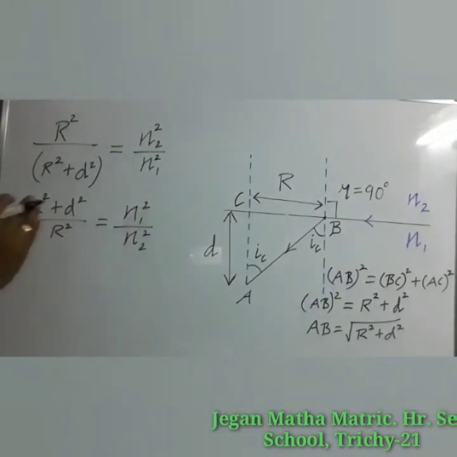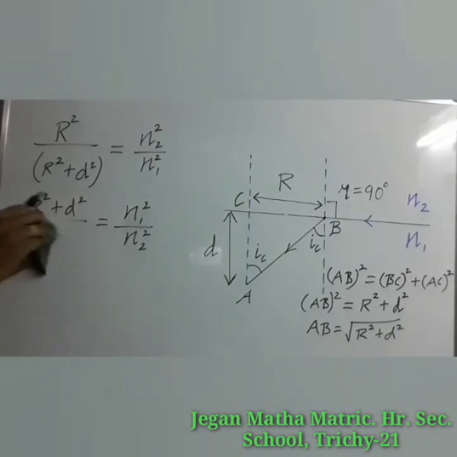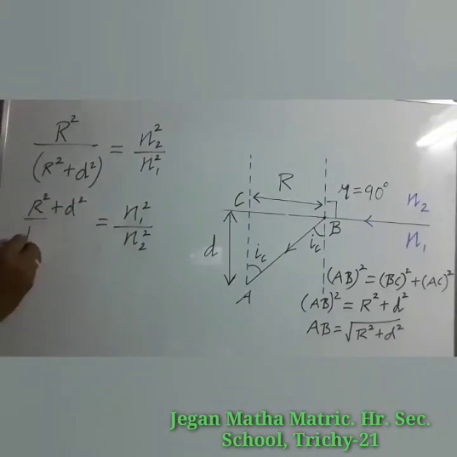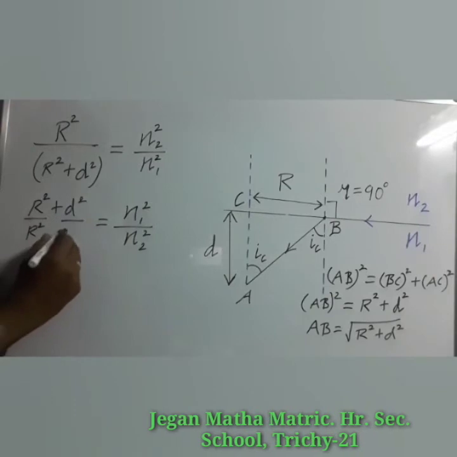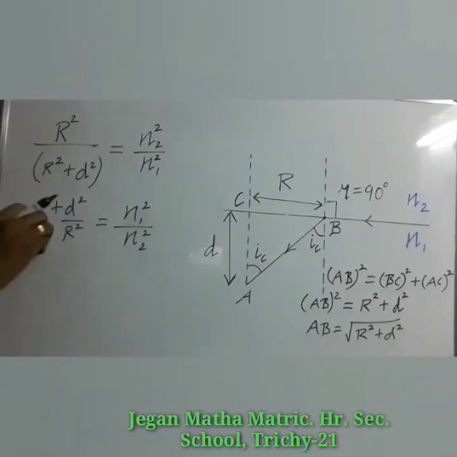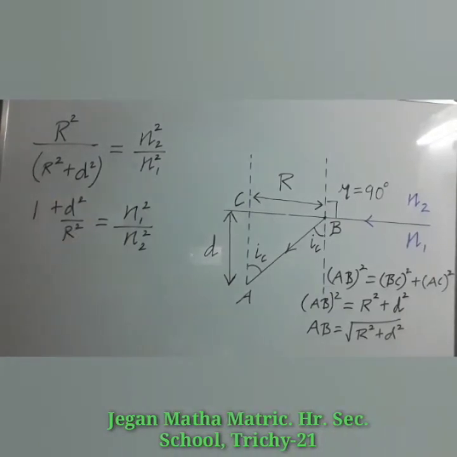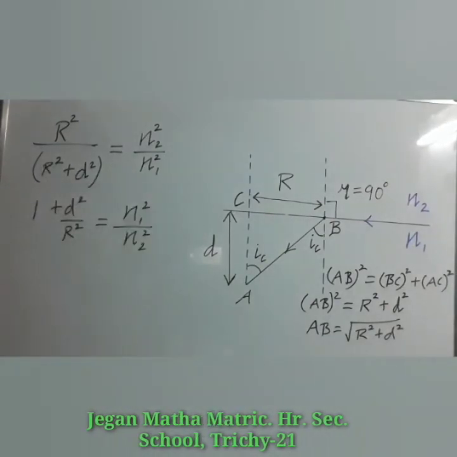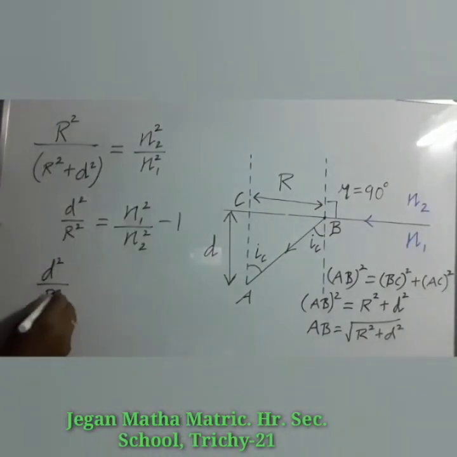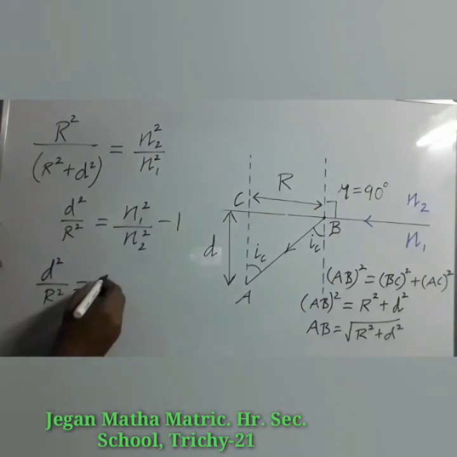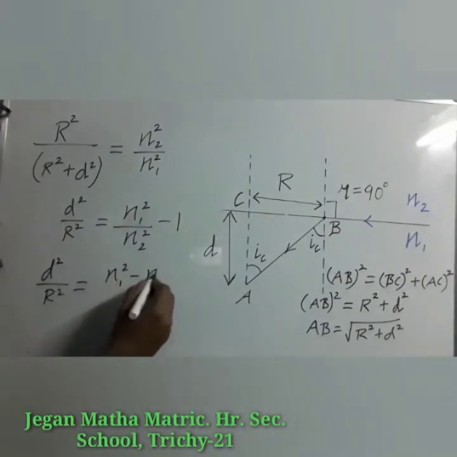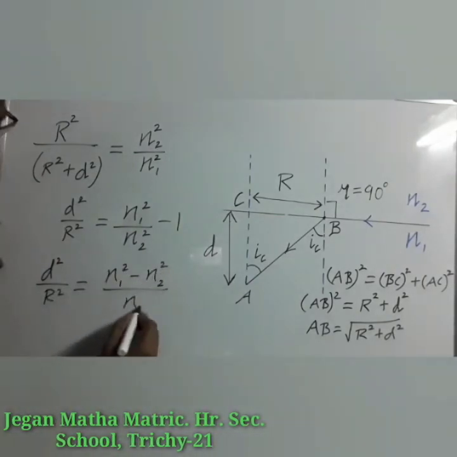Here R square is common for both. So it can be written as R square by R square plus D square by R square. Here R square by R square can be cancelled, giving 1. We can take that 1 to the right side. D square by R square is equal to, by cross multiplication, n1 square minus n2 square by n2 square.